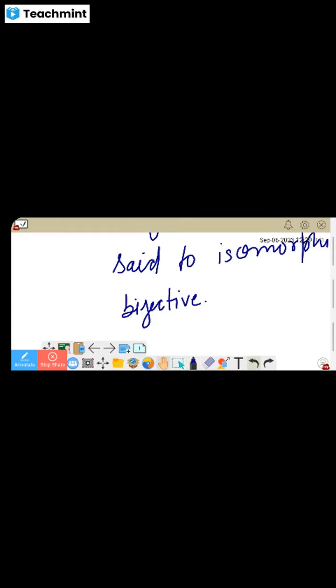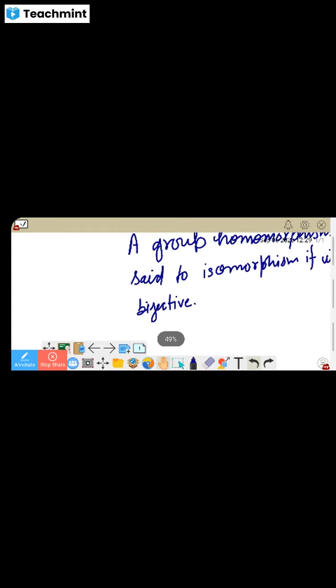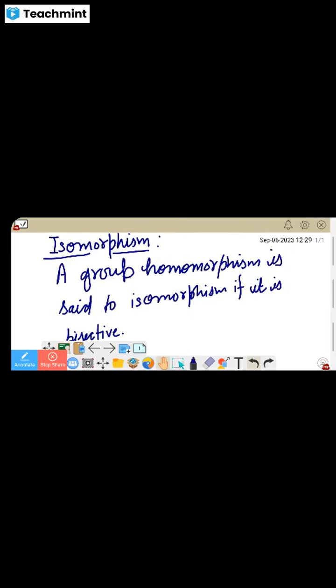Means it is injective and also surjective. So if it has both properties, then it is said to be isomorphism. Got it? Yes, ma'am.